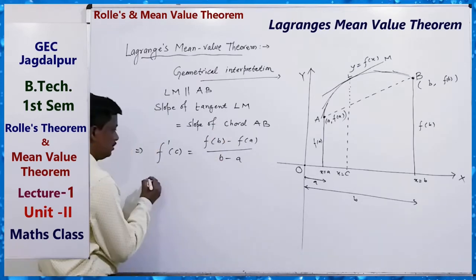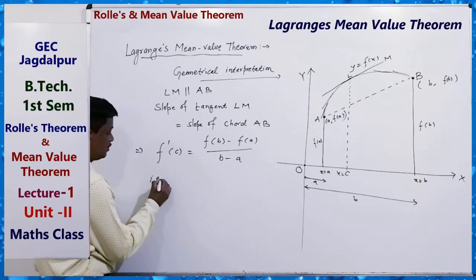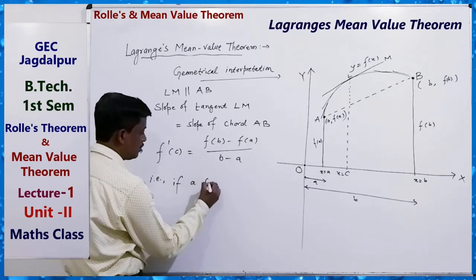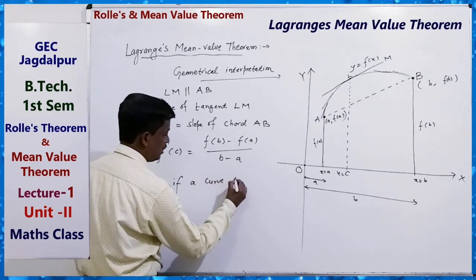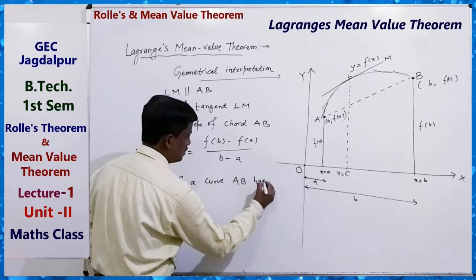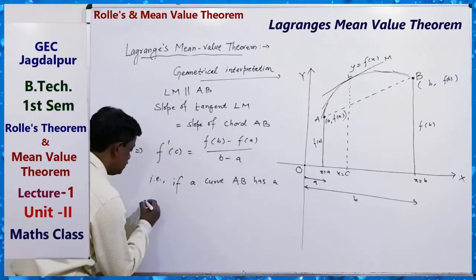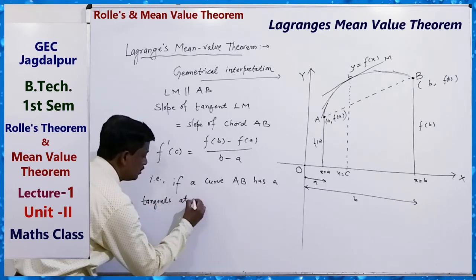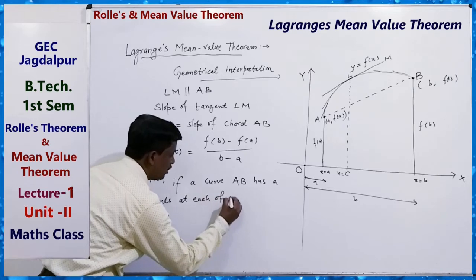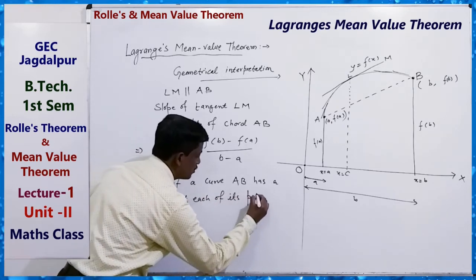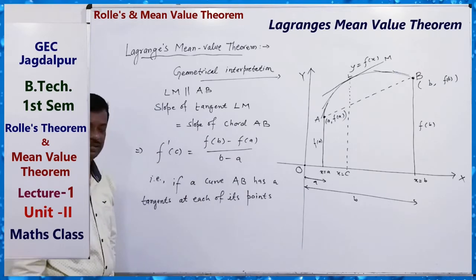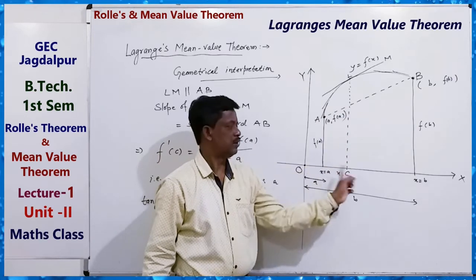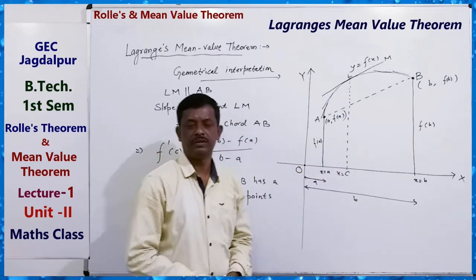Okay. That is, if a curve AB has tangents at each of its points, meaning if the function is continuous from A to B, then the curve has a tangent at each point.